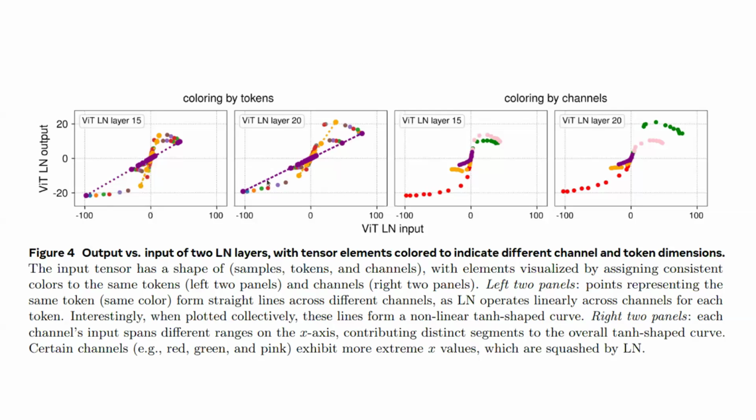And you can see here that for one individual token, this is linear because there goes a line through it. These two are something else. If you look at the others, you have the same. For example, this yellow is also a linear operation. It's just that when you put all of them together, you get this S shape. Does that make sense?